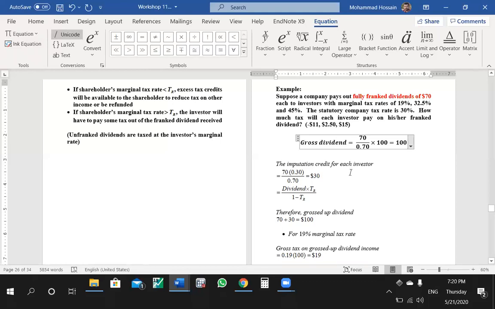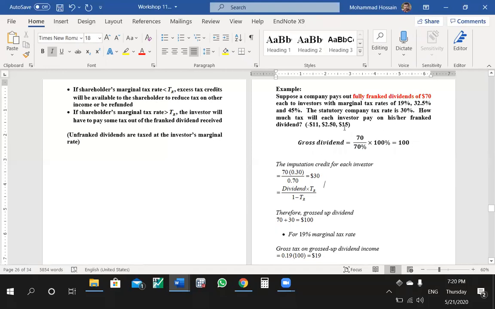So they will actually receive $100 in here. The total will be $100, which is the gross dividend.